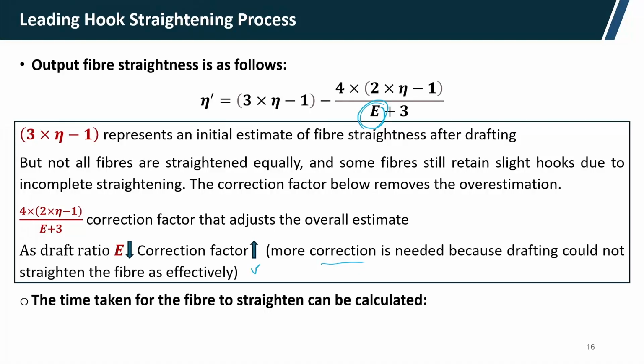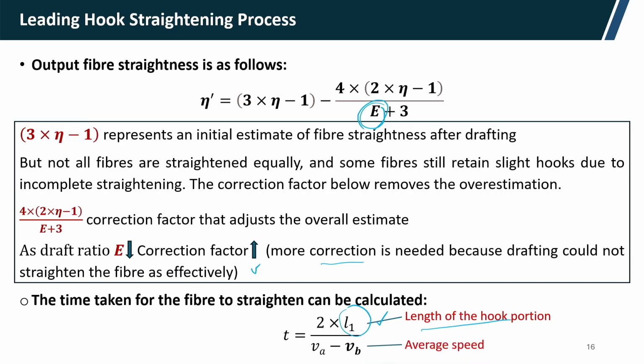Time taken for the fiber to straighten can be calculated. This is the time taken. L1 is the length of the hook portion, and here is the average velocity.